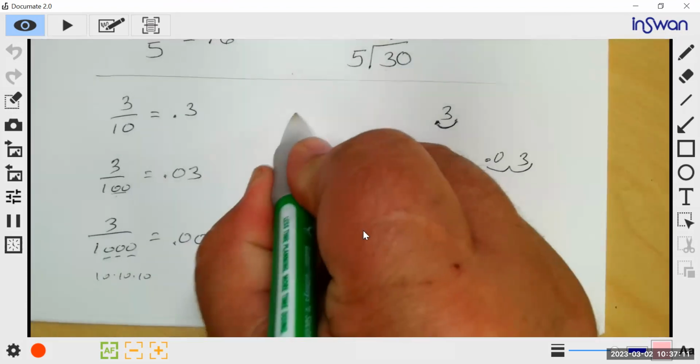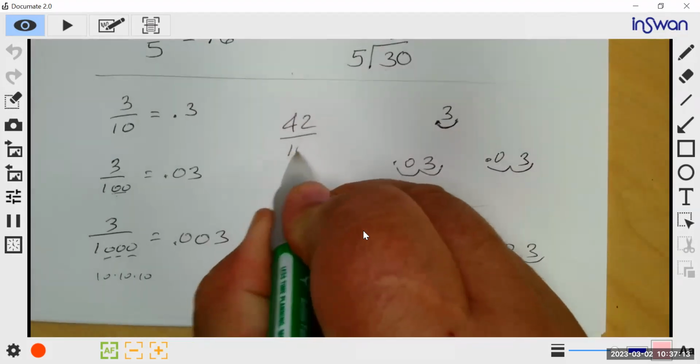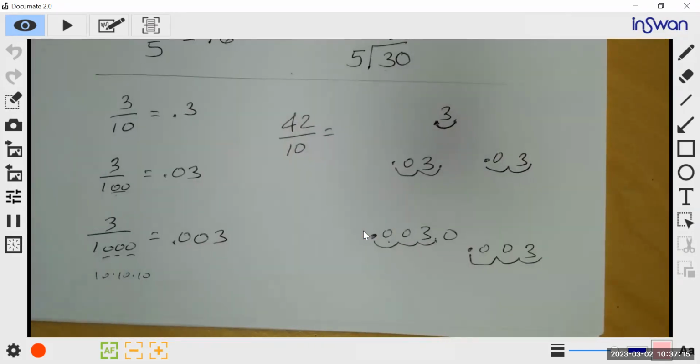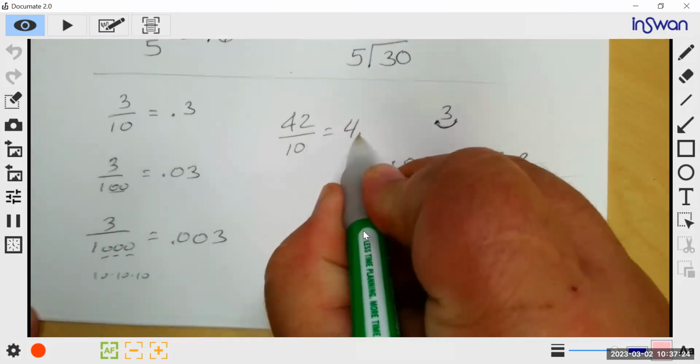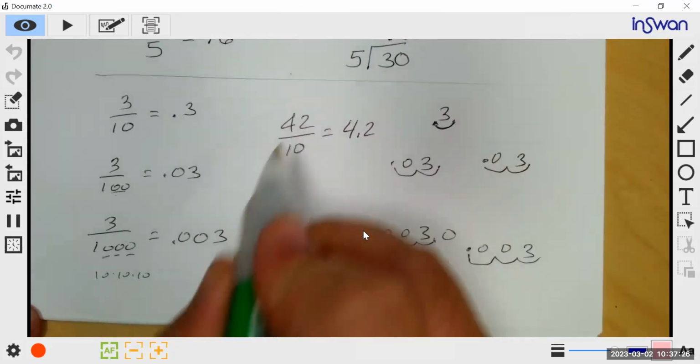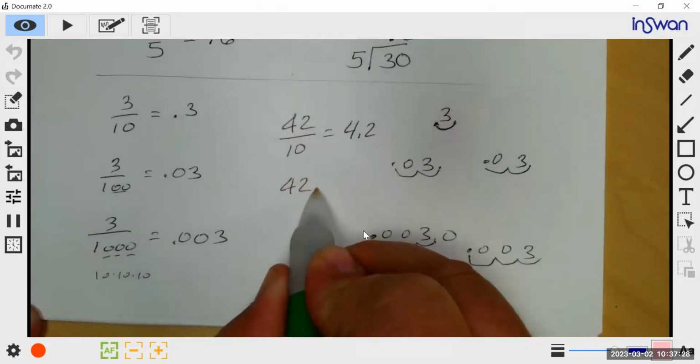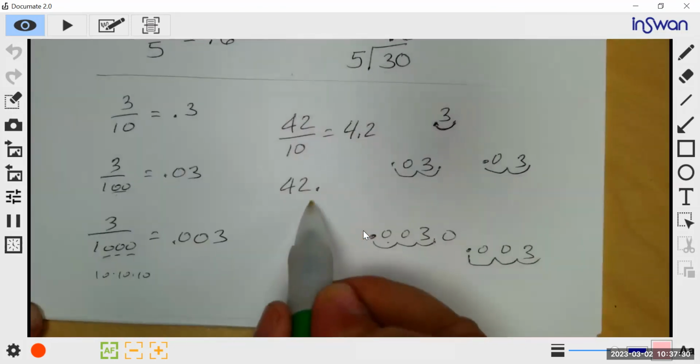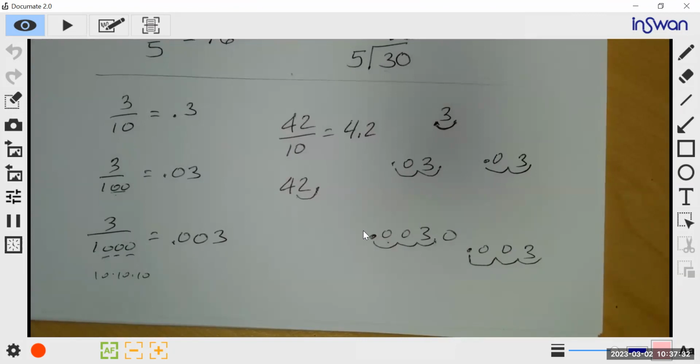What if I had 42 divided by 10? What would that answer be? 4.2. Because where's the decimal in 42? After the 2, right? We divided by 10, so we move it 1 space.